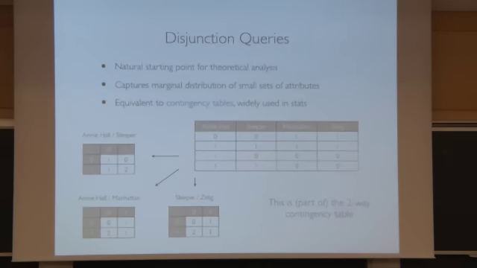It's also equivalent to something called a contingency table, which I'm not going to define, but you may have heard of. It's a very commonly used form of data release by the Census Bureau. It's very popular in statistics. And so disjunction queries actually tell us a lot about the data set. So it'd be great if we could just solve this special case of statistical query release.